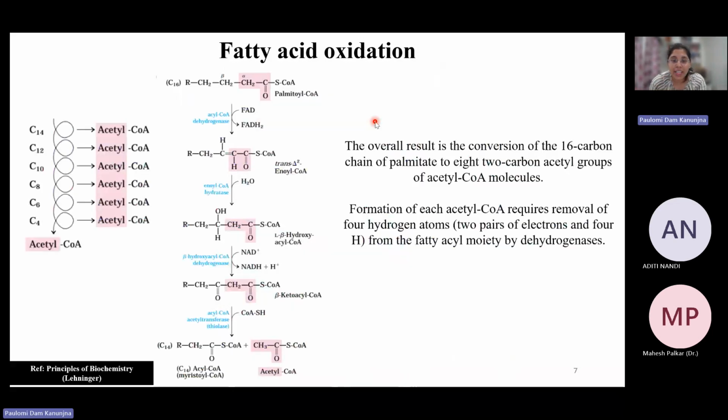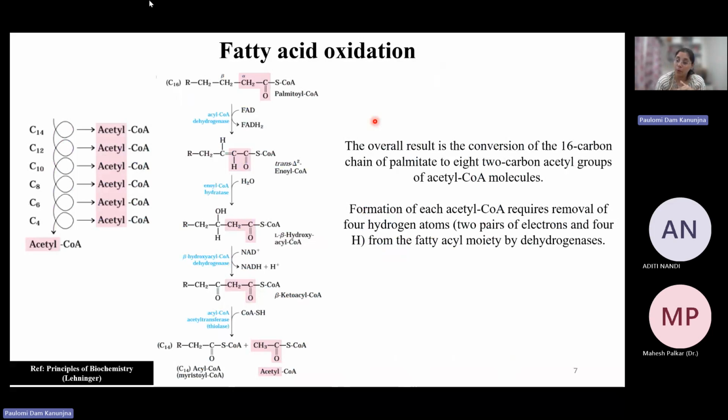Right, so fatty acid oxidation, or the beta oxidation of fatty acid, has 4 basic steps. But remember, fatty acids, as we have discussed, can be saturated or unsaturated. Saturated means all single bonds, unsaturated means double bonds. Unsaturated can be polyunsaturated or monounsaturated, so MUFAs and PUFAs.